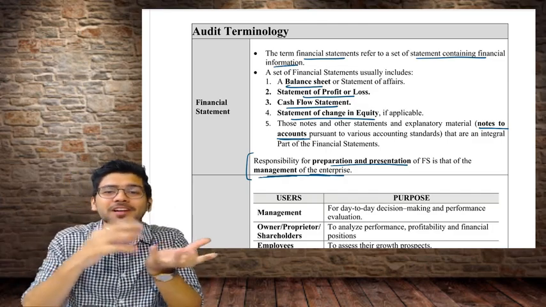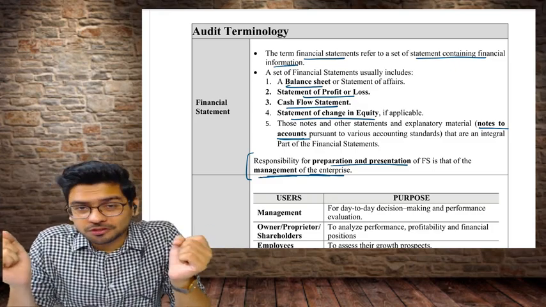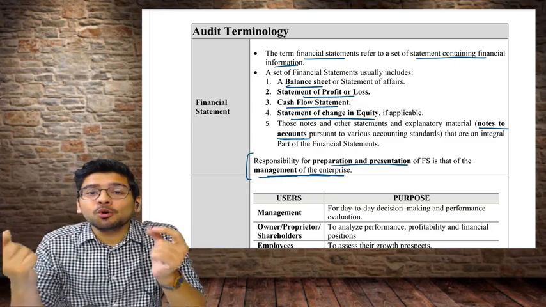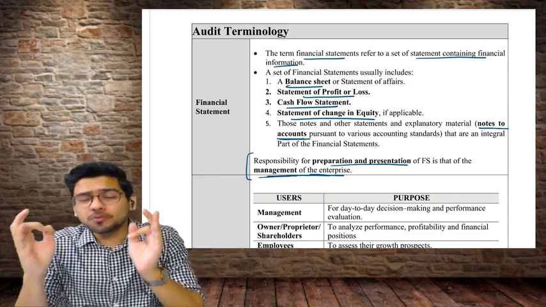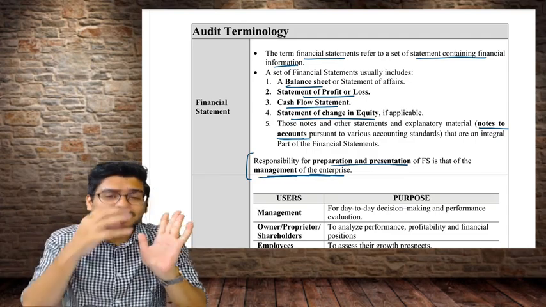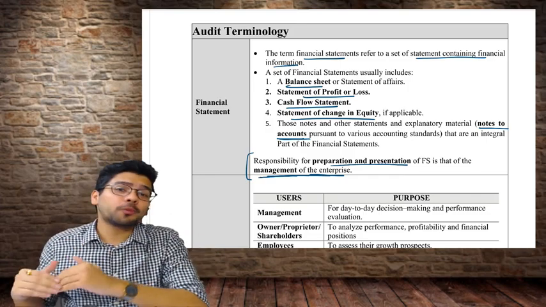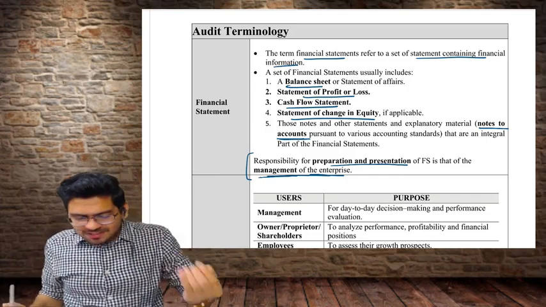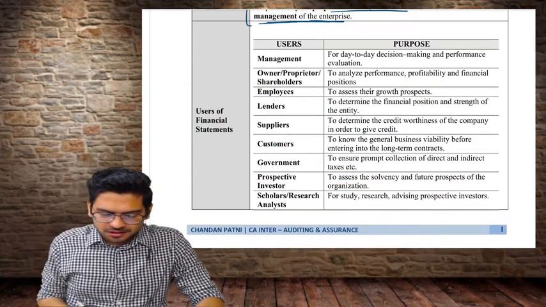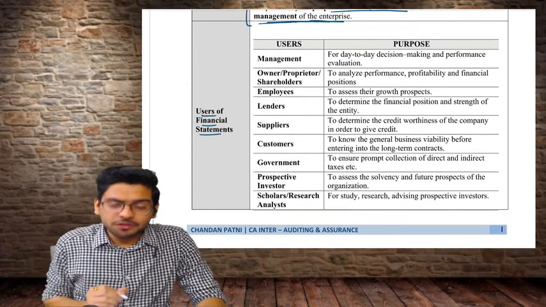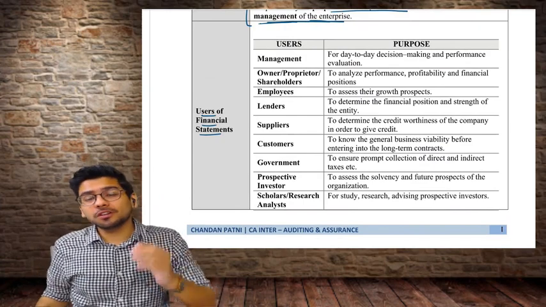Let us understand who can be the users of financial statements. Why does management prepare the financial statements? These financial statements are ultimately used by whom? So the next brief, very light concept that we need to understand is who are the users of the financial statement.